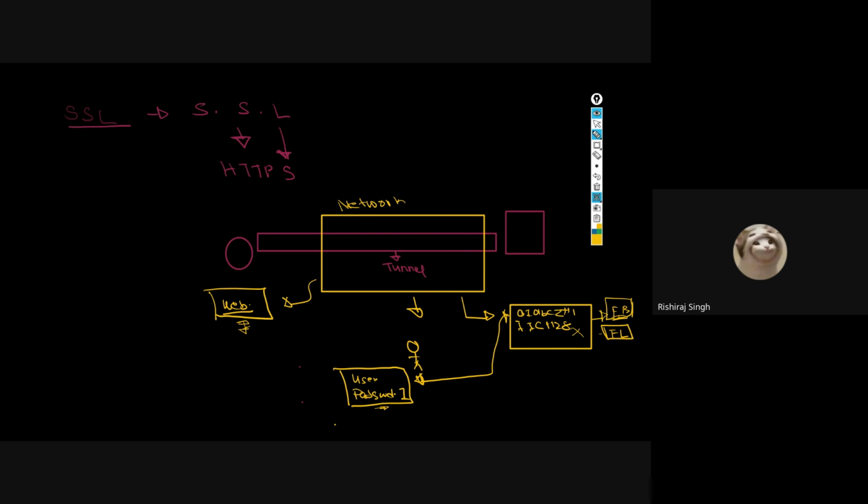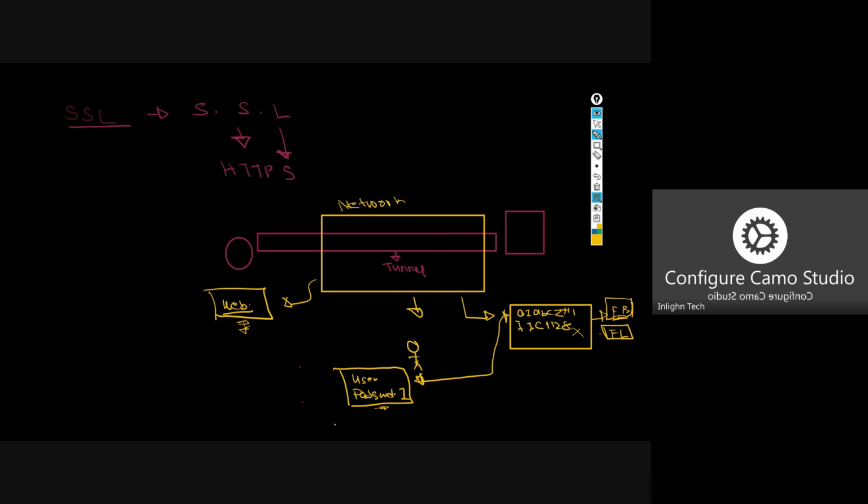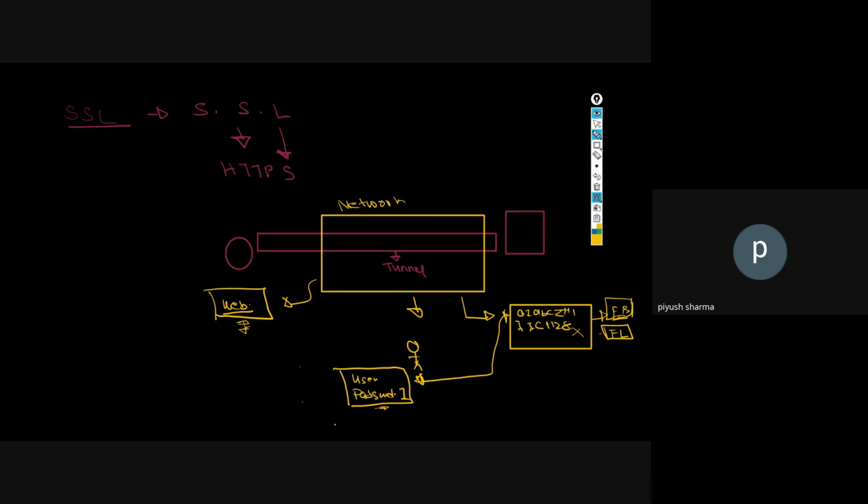Sir, to protect from man in the middle attacks. Yeah. We can use IPsec. No. Yes, resolver. We can use some VPNs that might protect the data we are currently transferring to the server if somebody is listening through some tcpdump or Wireshark, something like that.